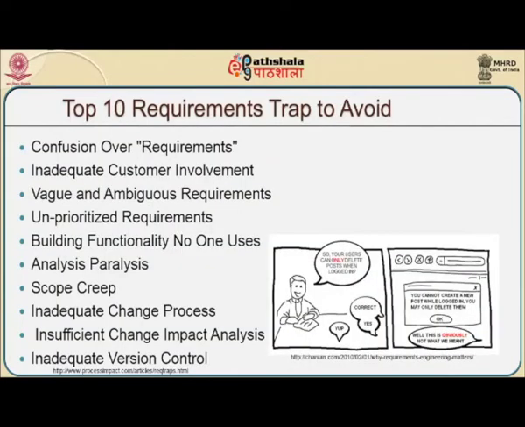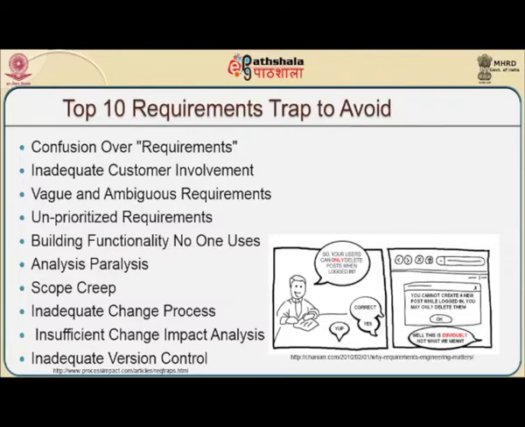Among the top 10 requirements traps to avoid: many a time the requirements posted by the stakeholders might be confusing, and there will be a lot of sequence involved, or more verbal communication would happen, which leads to unnecessary confusion.